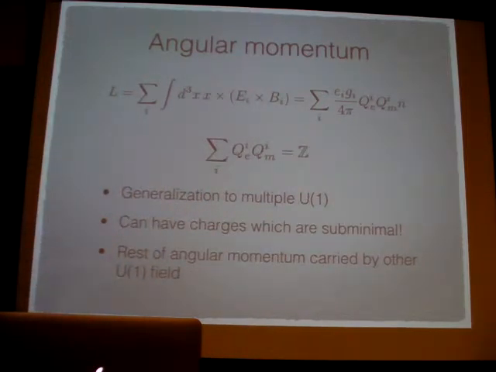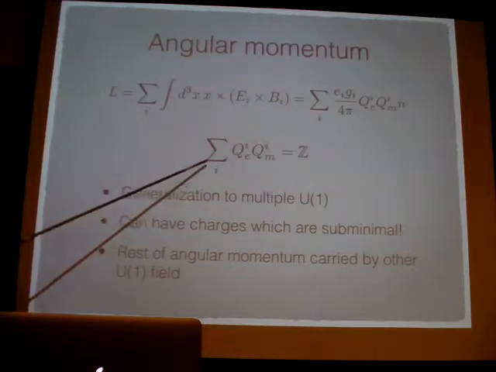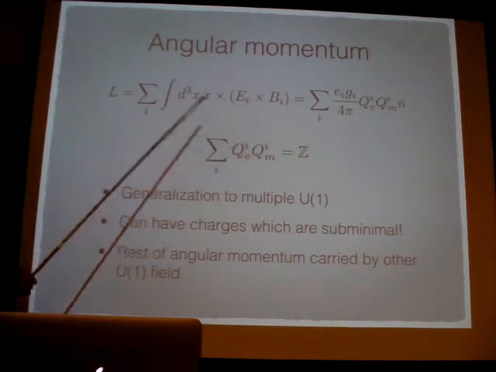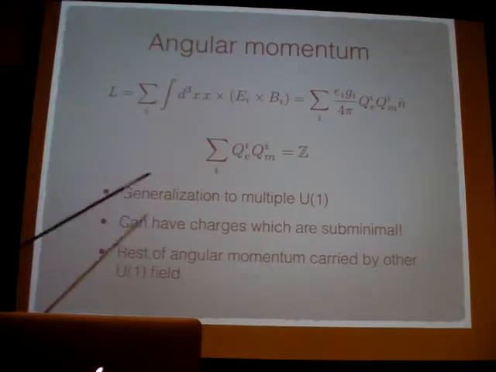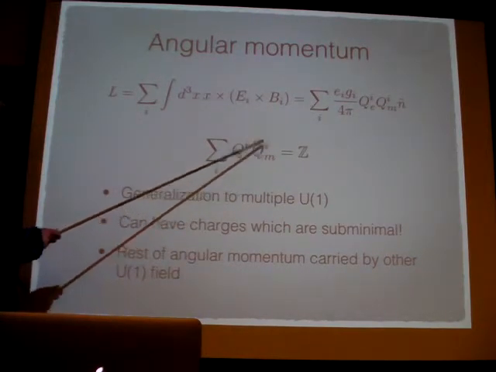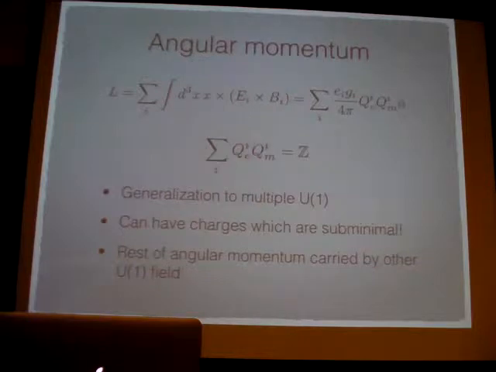So in other words, it's perfectly okay for two different guys which have sub-minimal charges to have the product be added to give you an integer, but each individual guy, let's say like Qm, could be some small charge epsilon.